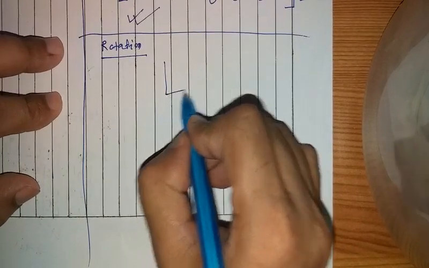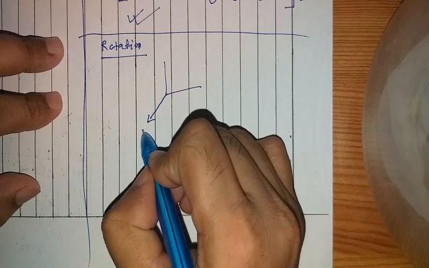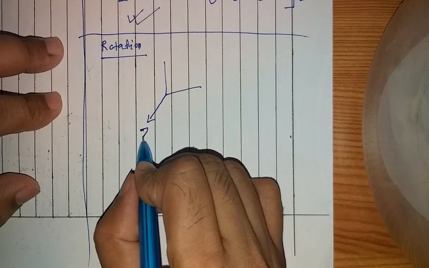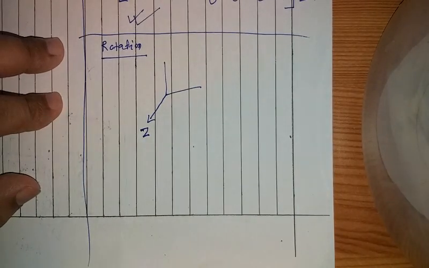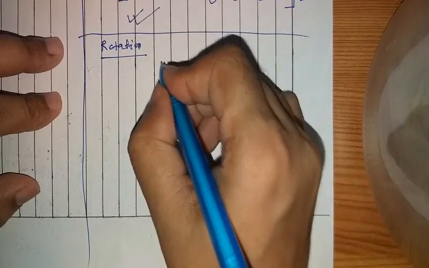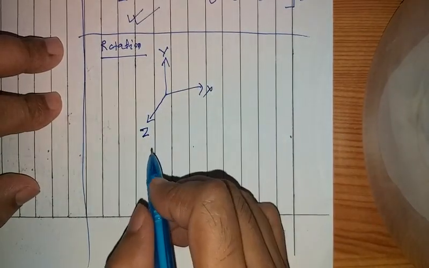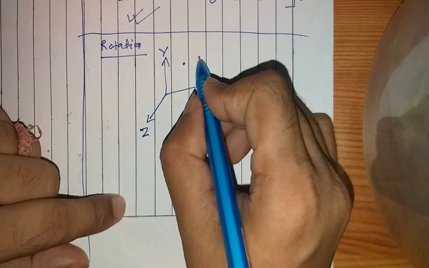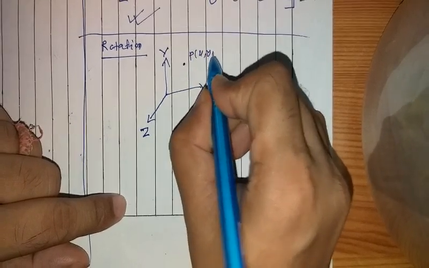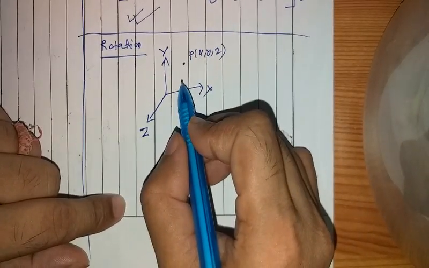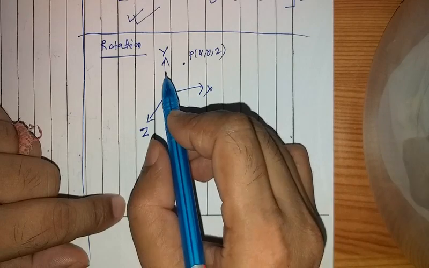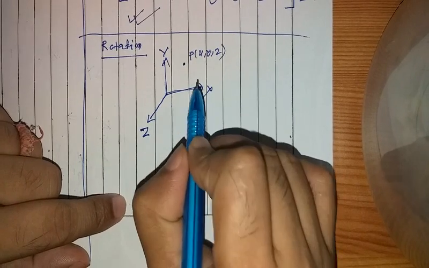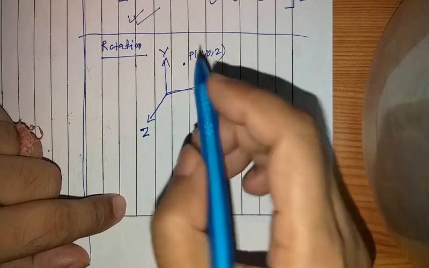Similarly, in 3-dimensional form also, you denote this axis as z axis, this is x axis, and this is y axis. Now suppose this is any point p x y z. Now suppose you want to rotate about this axis. Now we know the equation about this axis.